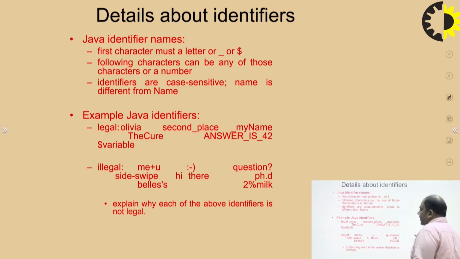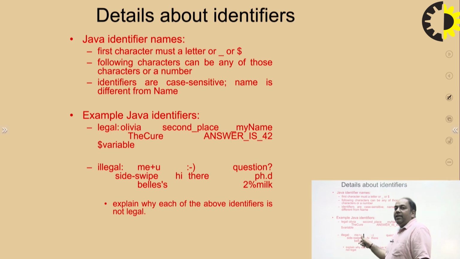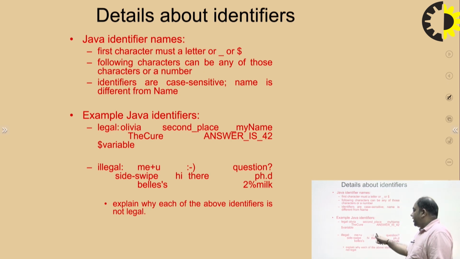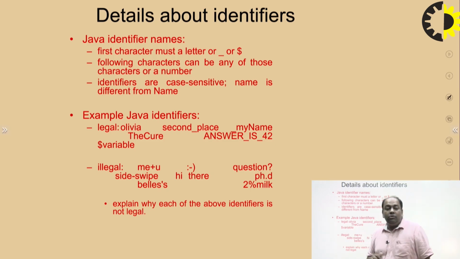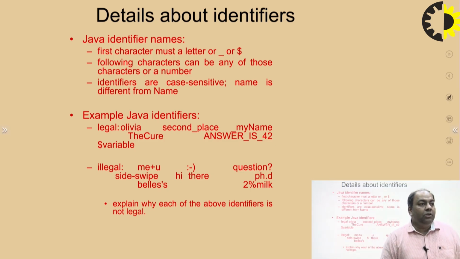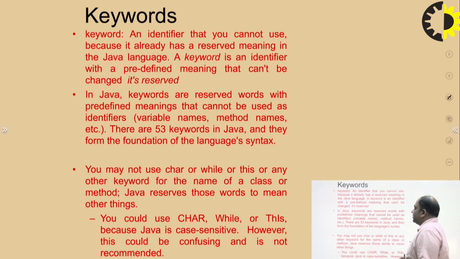So legal identifiers are like we normally write a name, we use underscore, we use a first letter as a capital, we use underscore and the combination of numbers, and we can also start with a dollar sign. But when we start with a name, we cannot use any special character plus in between, we cannot use any smiley, we cannot put any special character after giving a name. We cannot use dot, we cannot use percent sign, and we cannot use dash. So all these are the illegal identifiers.